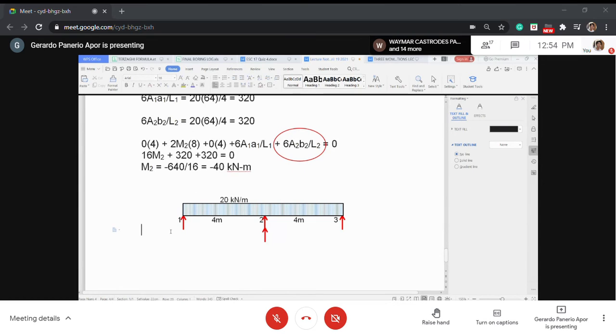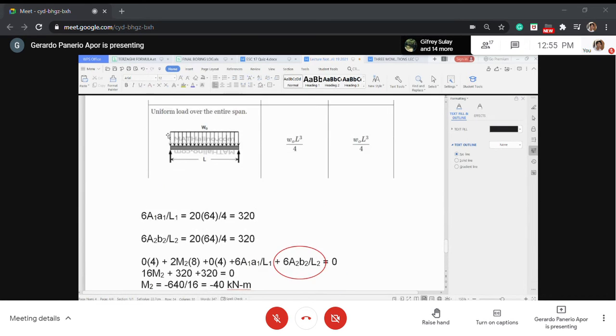So this one actually is equivalent to 30, no? This is 30 kN. 30 kN. This one will become 100, no? Because there are 2 50s.